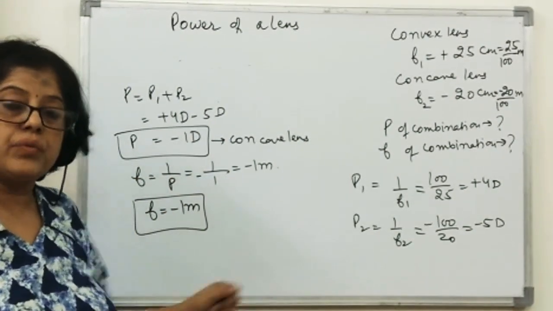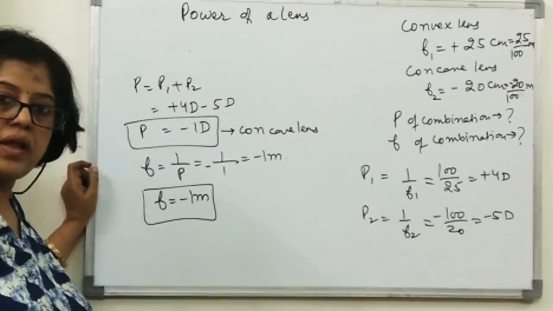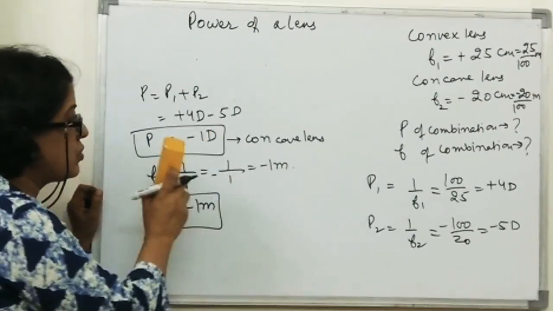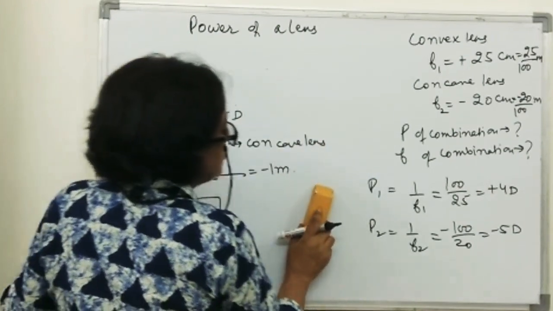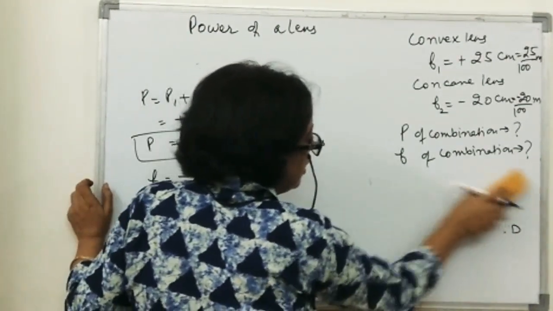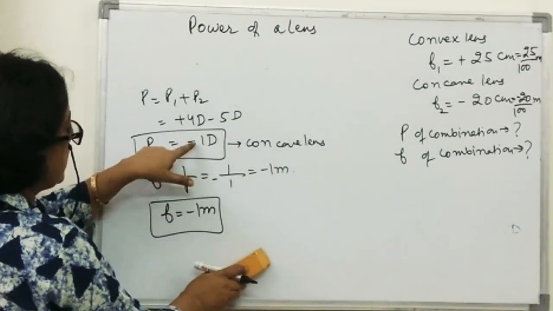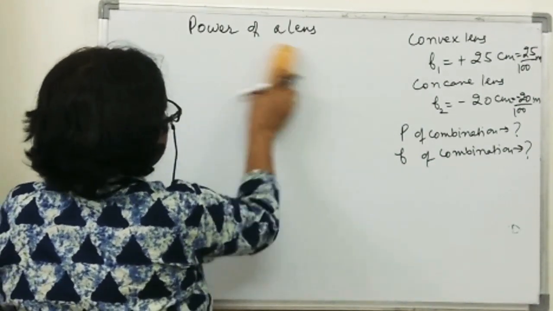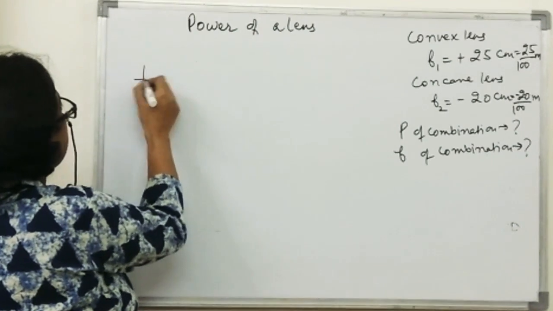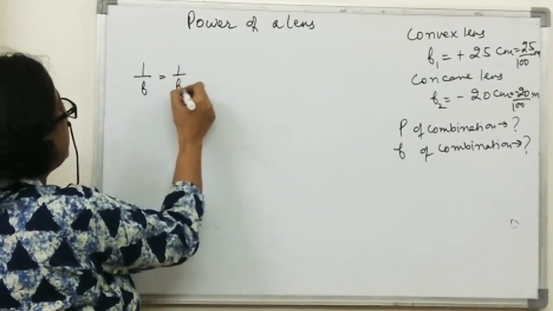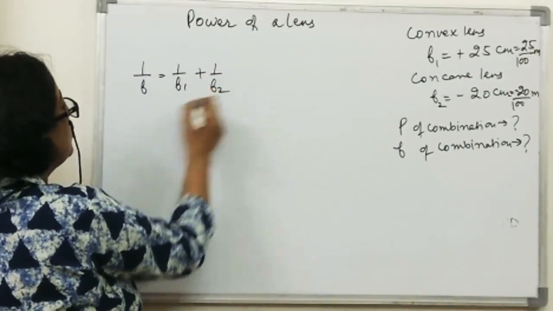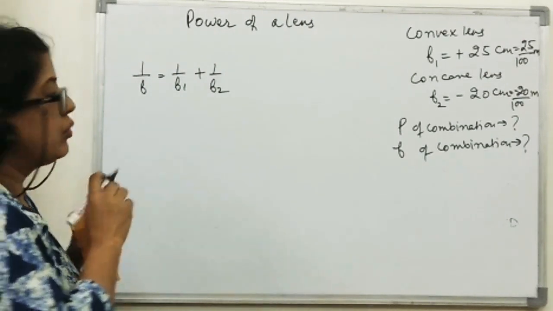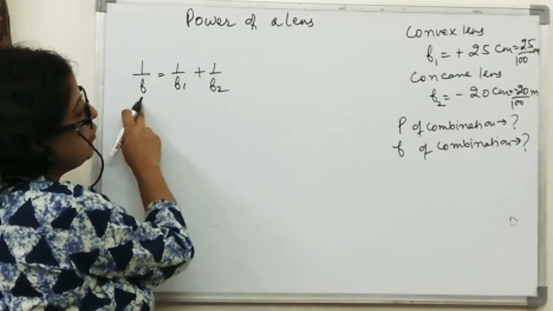We can solve it another way also. Let us try that as well. Fine. So I hope you understood this. So I am rubbing this. So the other way of solving this question can be, the answer we remember is minus 1 diopter, minus 1 meter. We know that 1 by f is 1 by f1 plus 1 by f2. So we can find out the combined focal length using this formula.